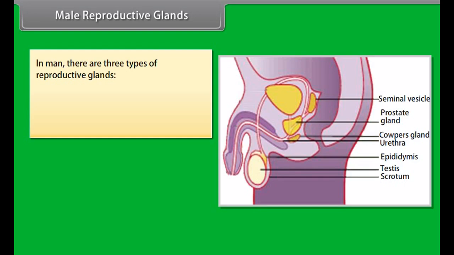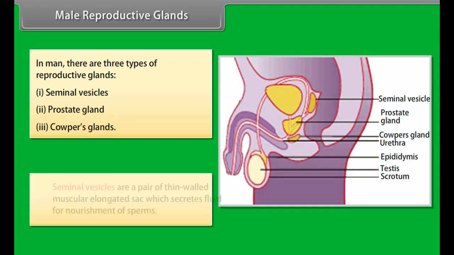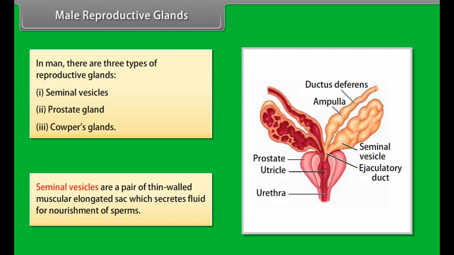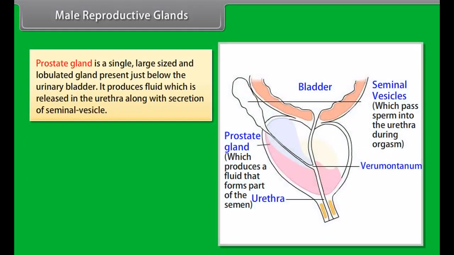Male reproductive glands. In man there are 3 types of reproductive glands: seminal vesicles, prostate gland, and Cowper's glands. Seminal vesicles are a pair of thin-walled, muscular, elongated sacs which secrete fluid for nourishment of sperms. Prostate gland is a single, large-sized and lobulated gland present just below the urinary bladder.